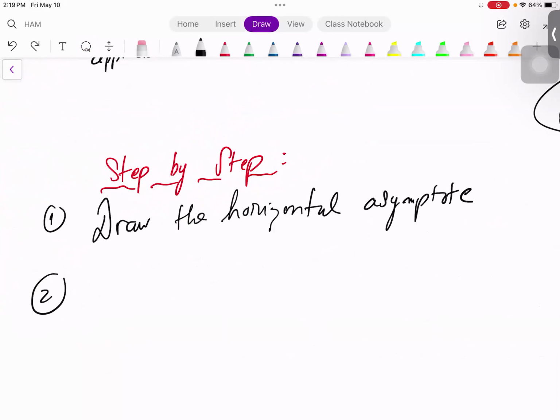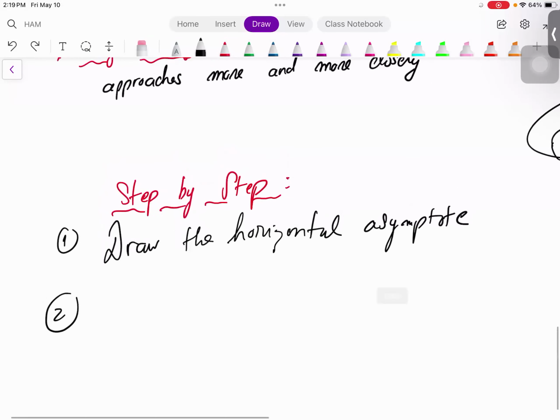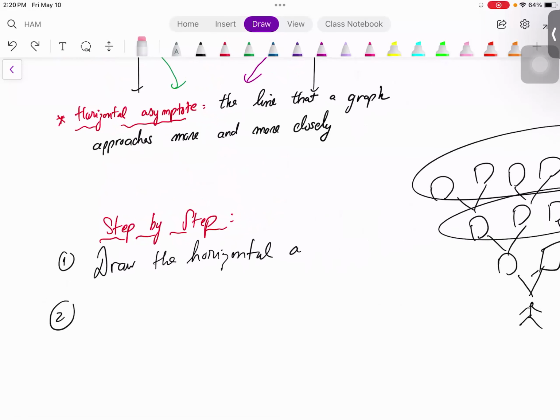The T-table is the tool that can handle everything. Whatever graph you have, you can graph it using a T-table. Let me write down asymptote.